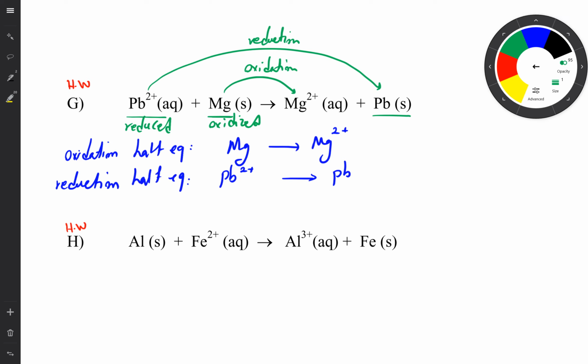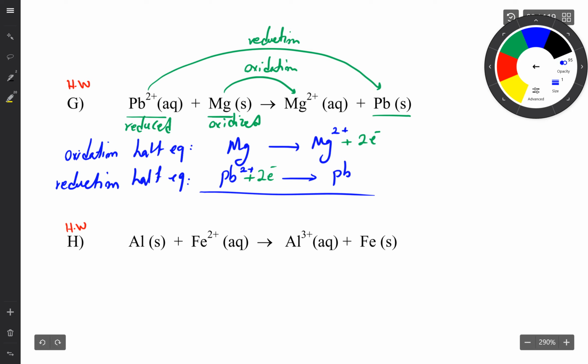For the oxidation half equation, you have one magnesium at the left side and one magnesium at the right side. To make the charge the same for both sides, we need to add 2 electrons here. For the reduction half equation, the number of lead atoms at the left and right side are also equal, so we just need to add 2 electrons to the left side to make the charge the same as the other side.